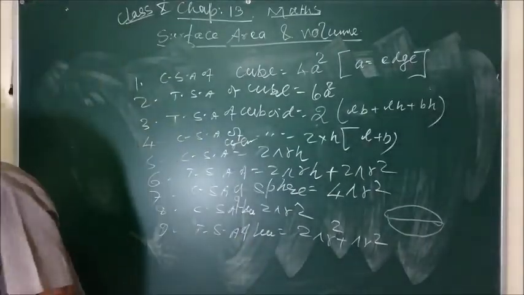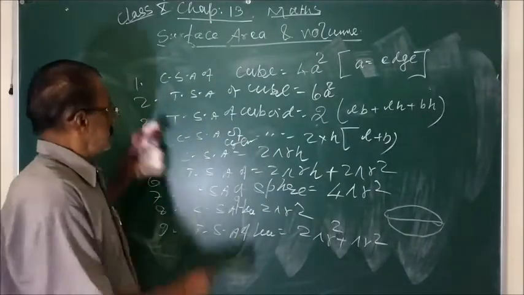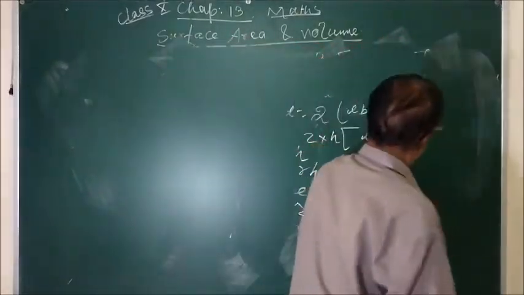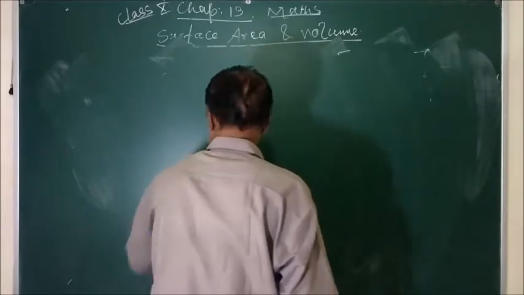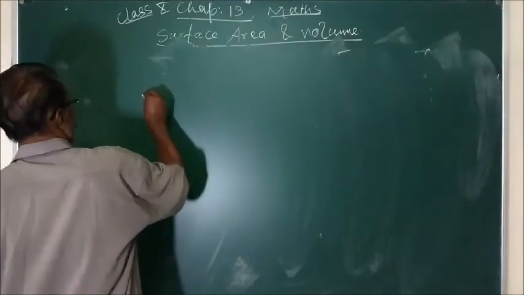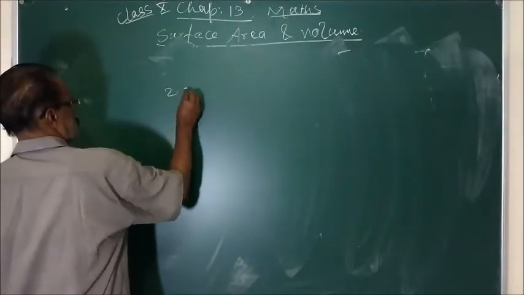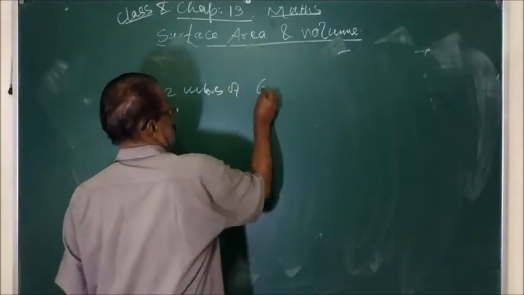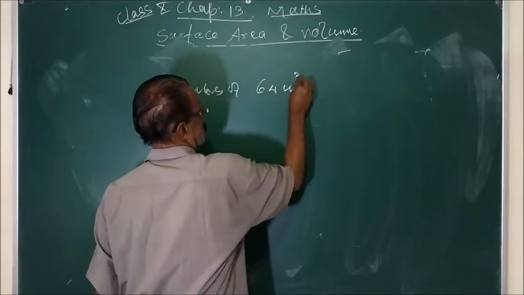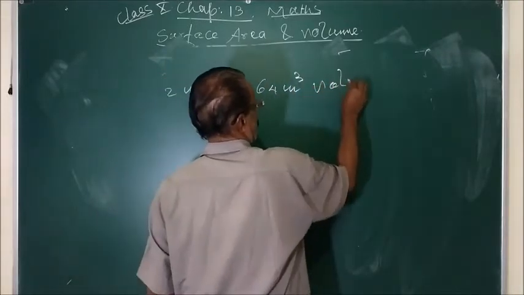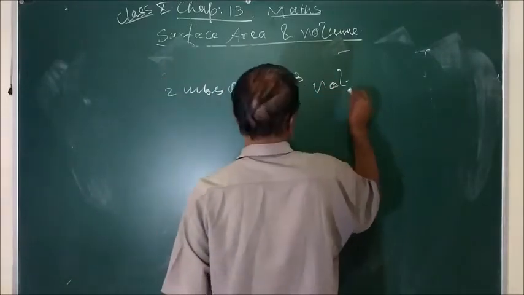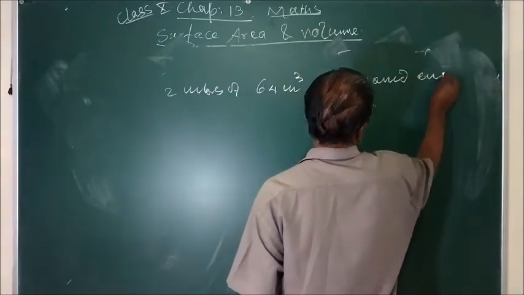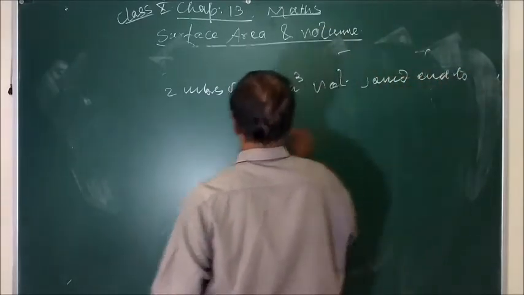So these are some formulas. One example I solved from the exercise, and you will try to solve the rest. The first question is: 2 cubes of 64 cubic cm volume each are joined end to end.